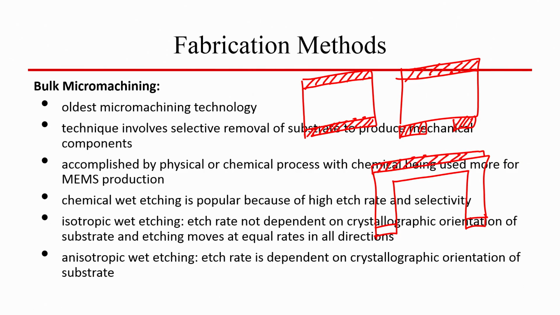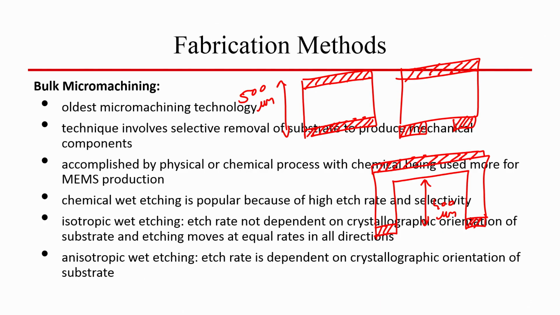So, let us say if it is a 4-inch silicon wafer, then the thickness will be about 500 micrometers, and if I am etching 400 micrometers to create a 100 micrometer diaphragm, then the bulk of this material is etched.